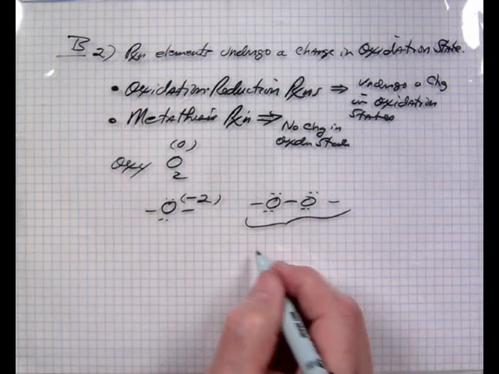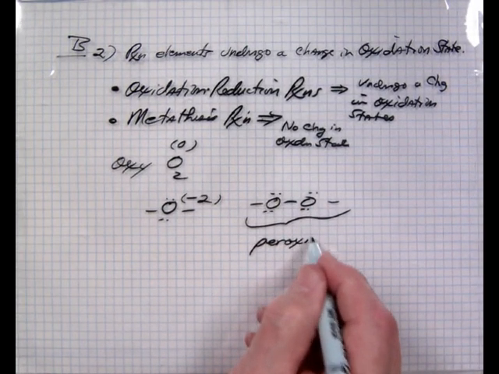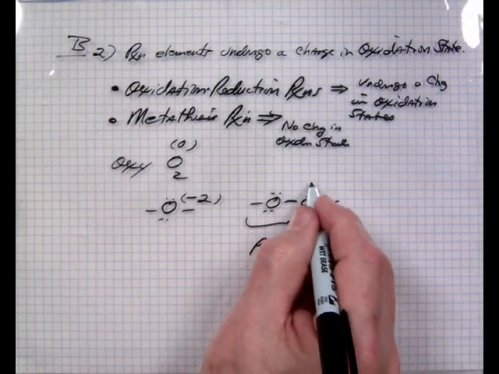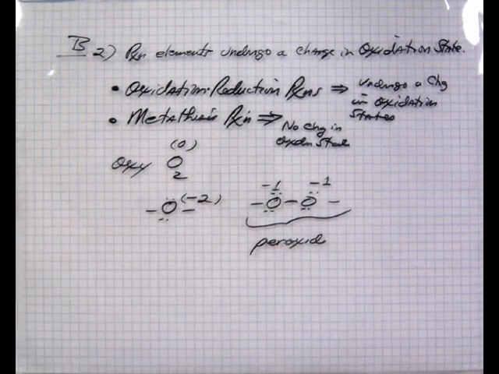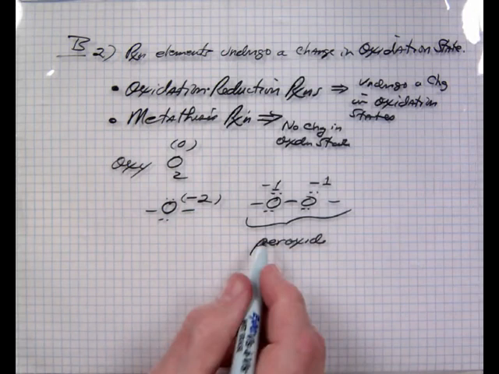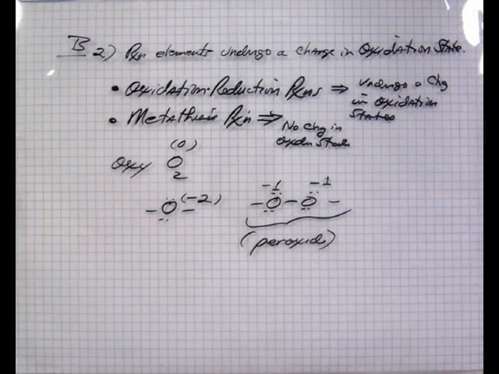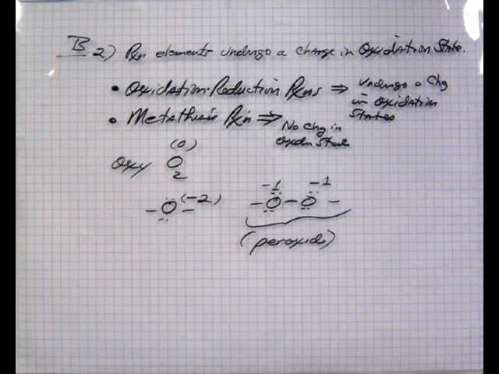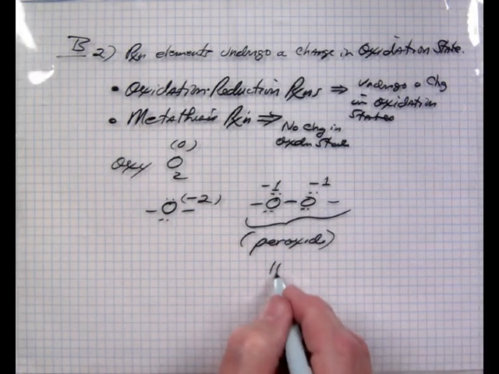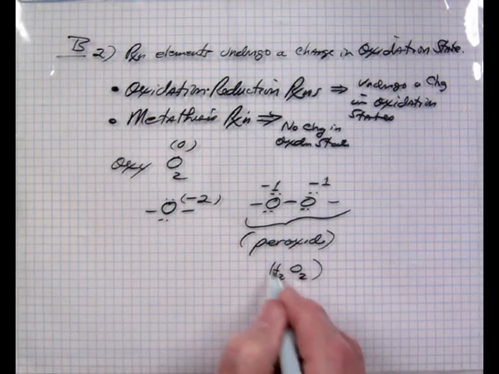This is referred to as a peroxide. And in this case, oxygens will be -1s instead of -2s. So this is a very unique case. There are many peroxides, but the only one that I use in the work that we are doing is H2O2.